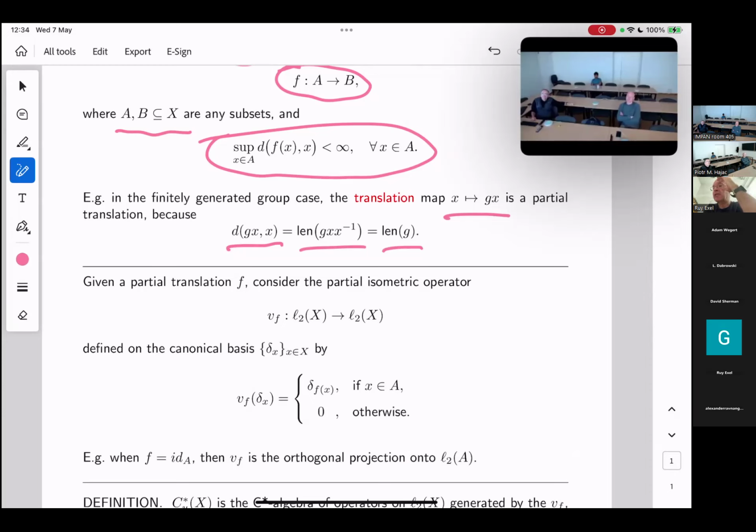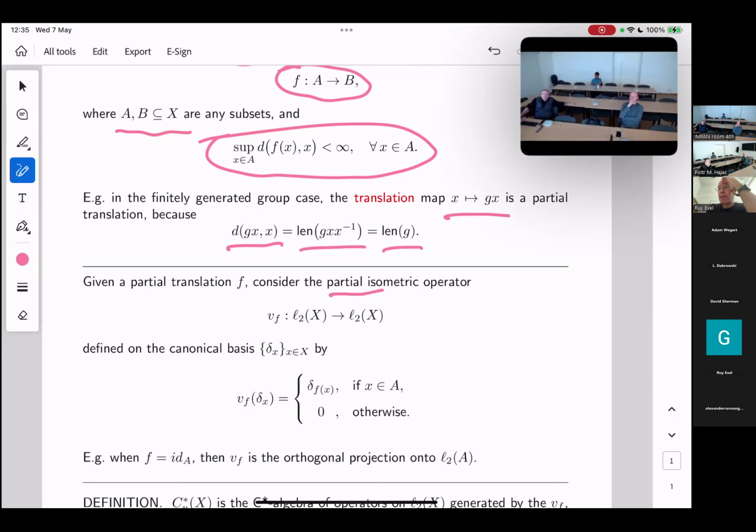It's not only bounded, it's constant. So this notion of translation is exactly what inspired the notion of a partial translation on a space: any partially defined bijection that moves points close to the original point you started with.